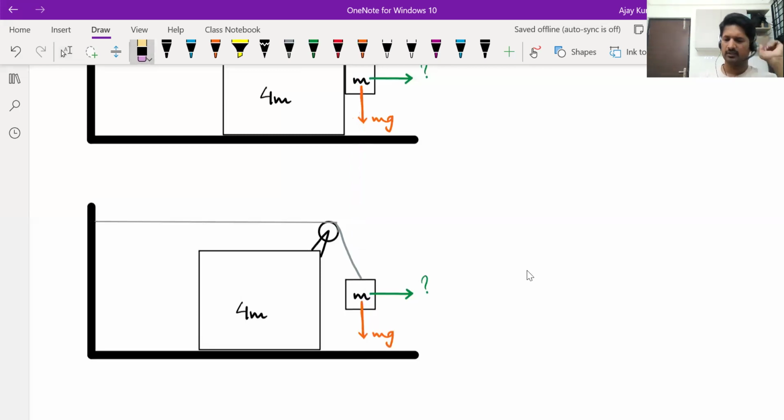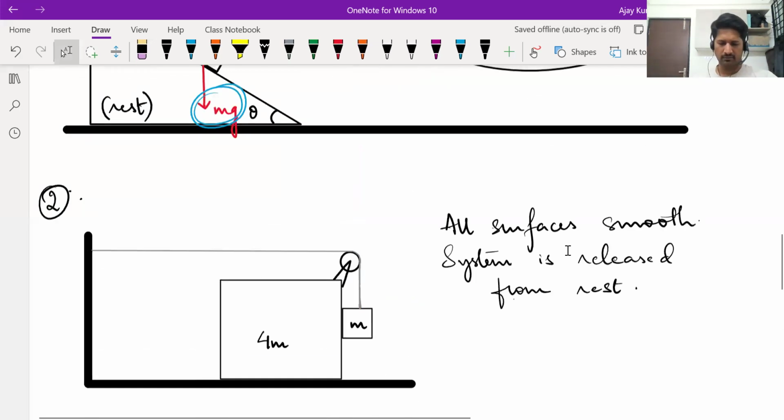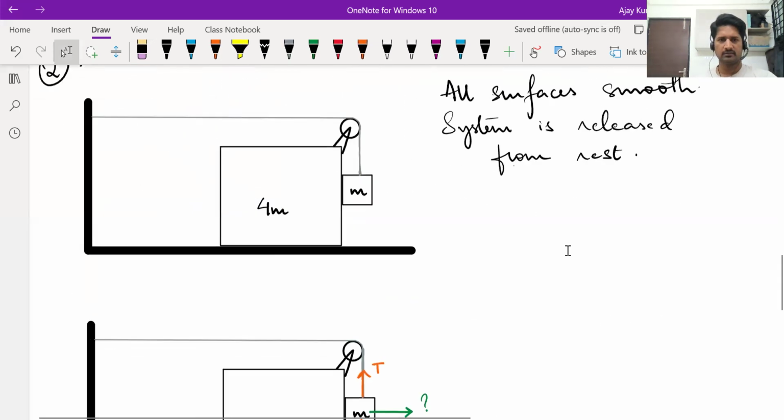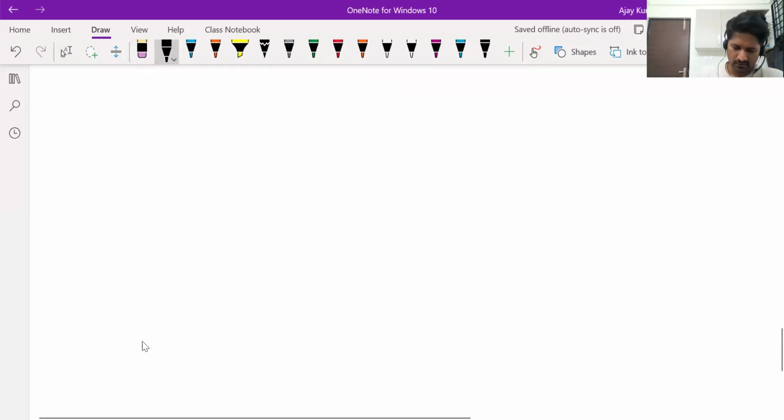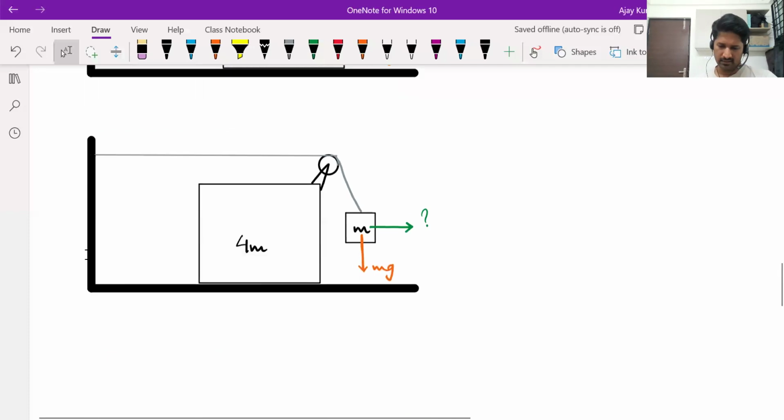Okay, wait. Before we get back to this problem, let's solve another problem, a different one, just to give you some more clarity on how objects move. Diagram, I think we can use. Okay.